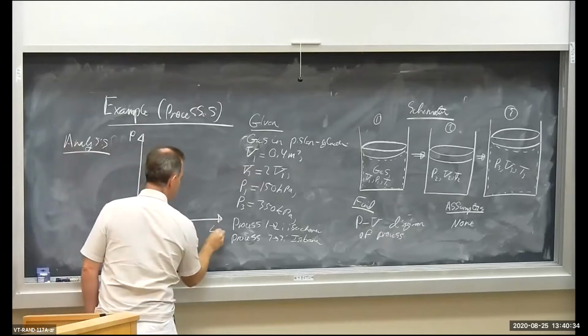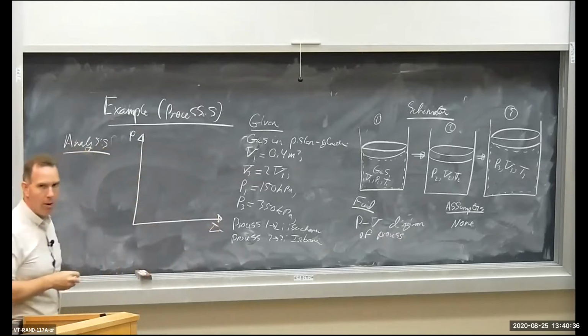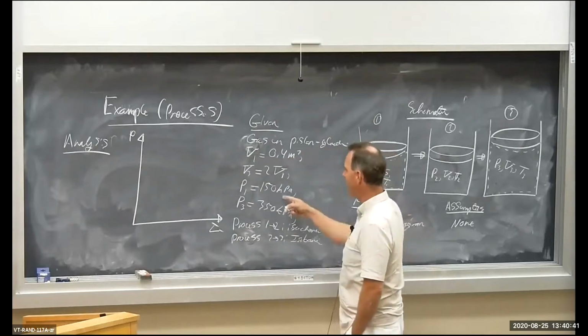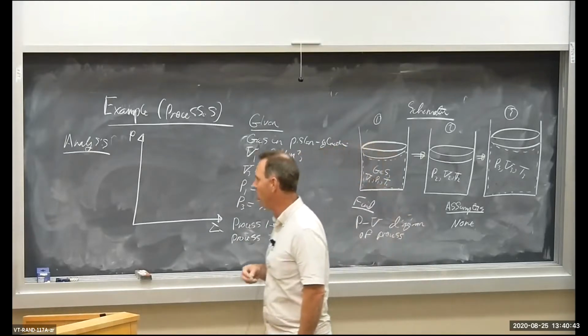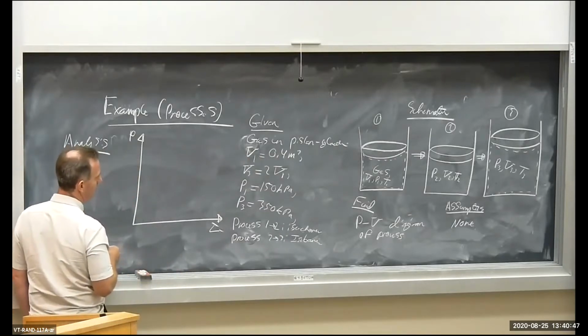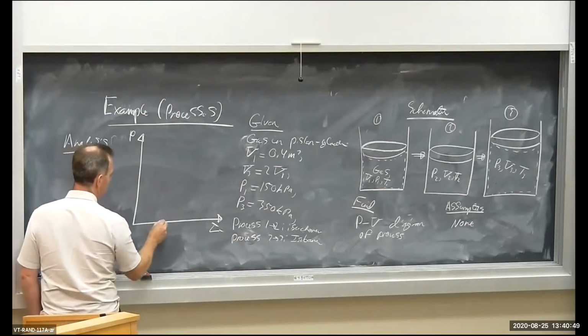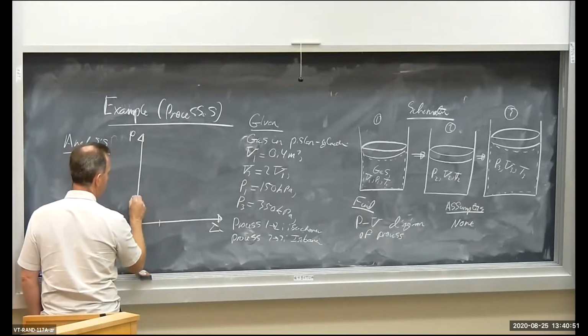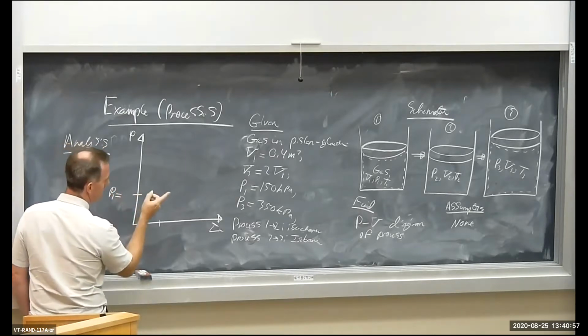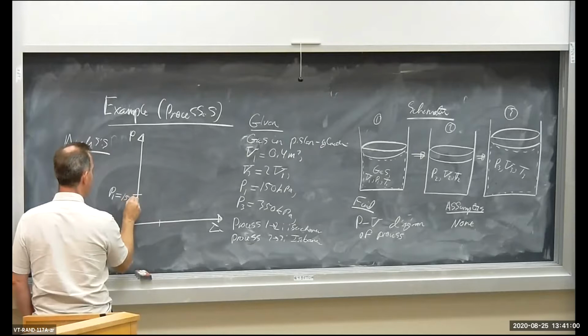Pressure, volume. First of all, let's put state 1. We know everything about state 1. We know the pressure and the volume. So let me put pressure and volume on the plot for state 1. This is P1, which is 150 kPa.